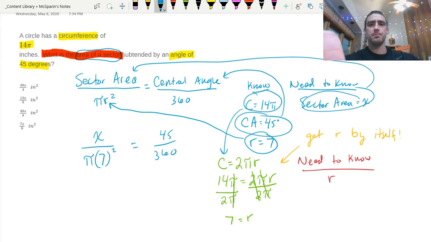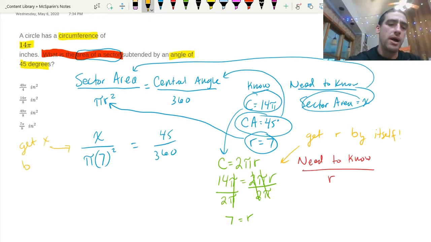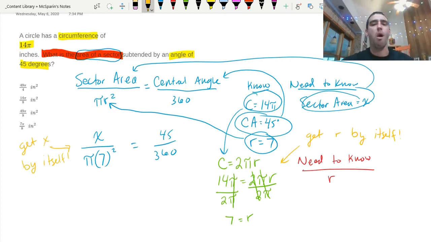And now I can get x by itself. So we've done this a whole bunch of times. Do it again. Let's simplify real quick, okay?